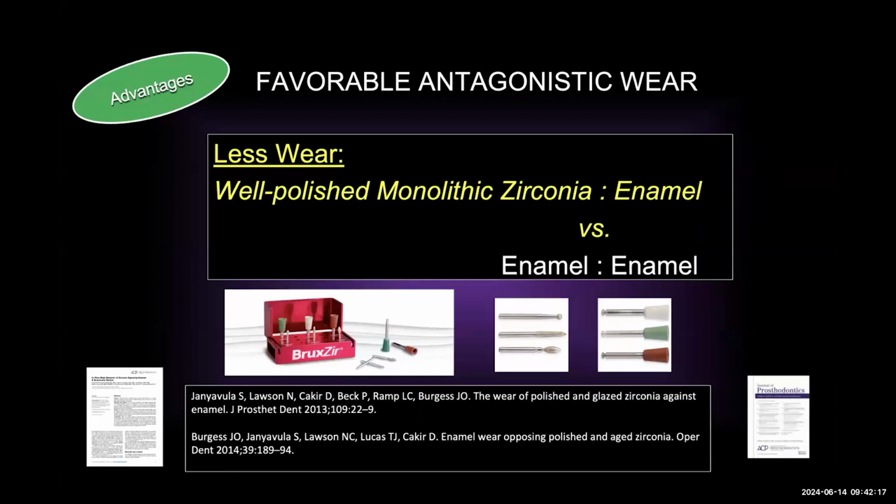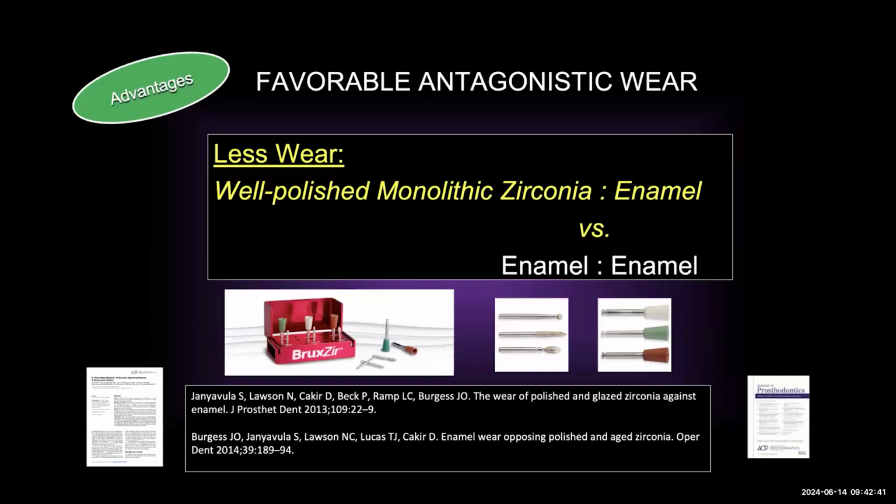In these two studies, which is even more interesting, well polished monolithic zirconia against enamel is better than enamel against enamel. Basically, they're saying if you polish your zirconia very well, or use it as it comes back from Glidewell with no adjustments, it's actually better than enamel against enamel.